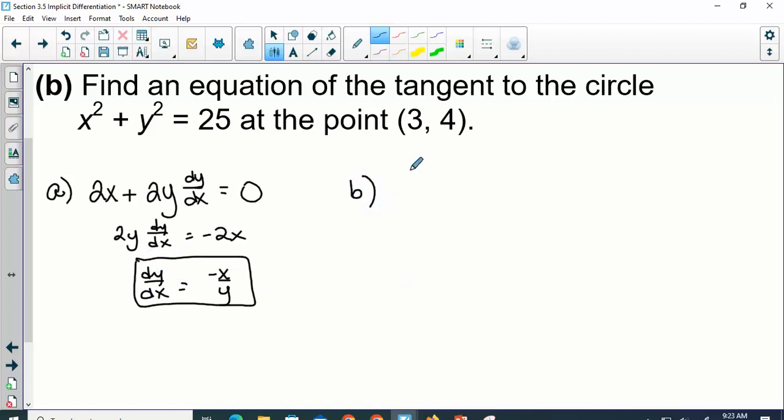Then I want the equation of the tangent line at the point 3, 4. So our slope is just dy dx if we plug in the x and y. So we get negative 3/4, and then 4 equals negative 3/4 times 3 plus b.